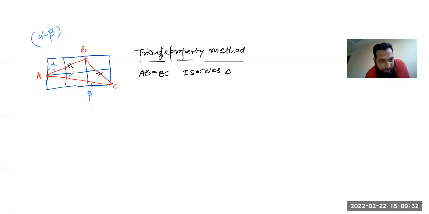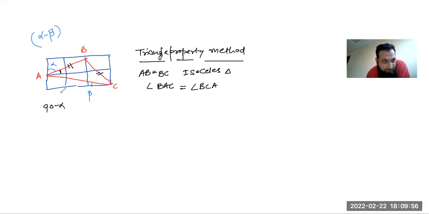ABC is isosceles triangle, which implies angle BAC is equal to angle BCA. Now angle BAC, this angle, is alpha. So this angle here is 90 minus alpha because this angle is 90 degree.